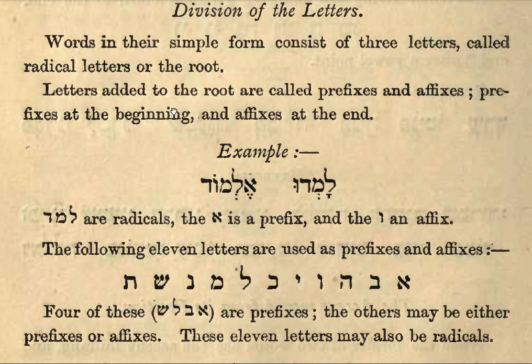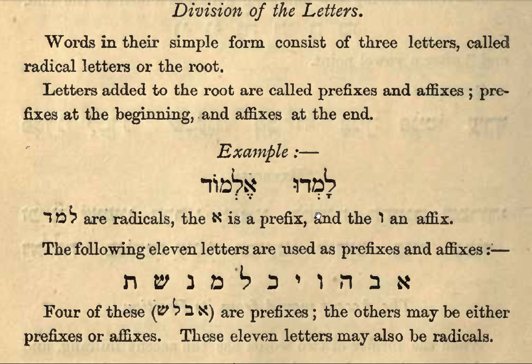Letters added to the root, or the radix, are called prefixes, put in front in the words, fixed in front, and affixes, from add fix, to fix to it at the end. Prefixes at the beginning, affixes at the end.